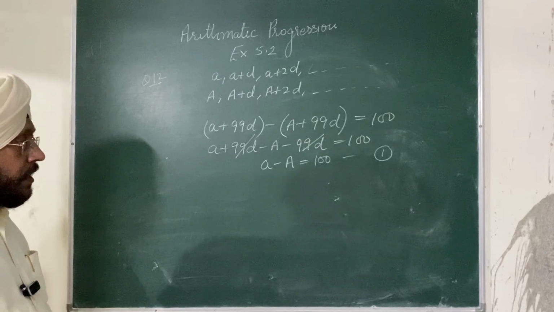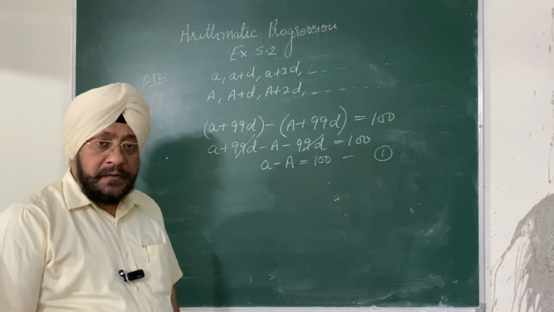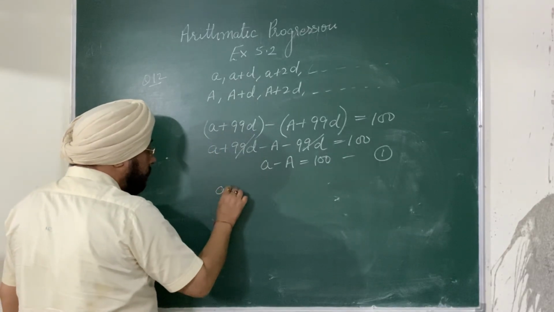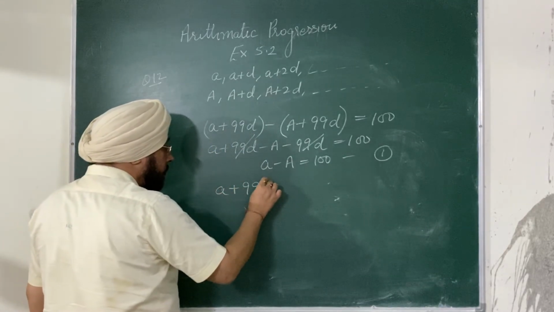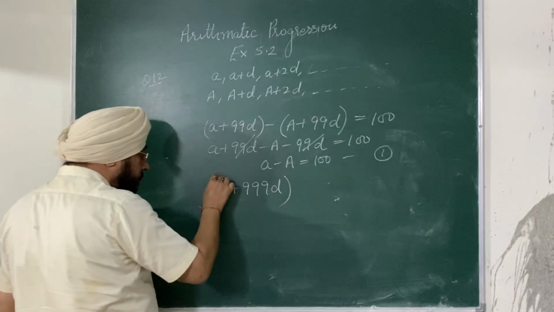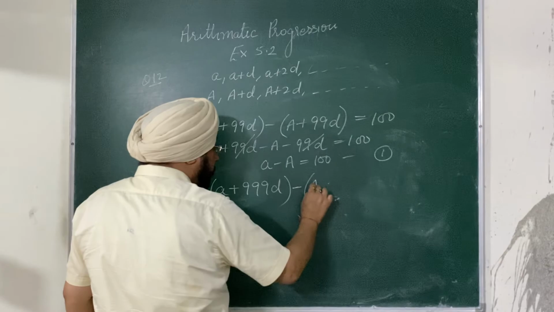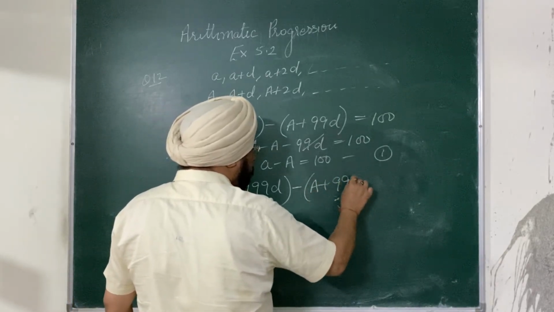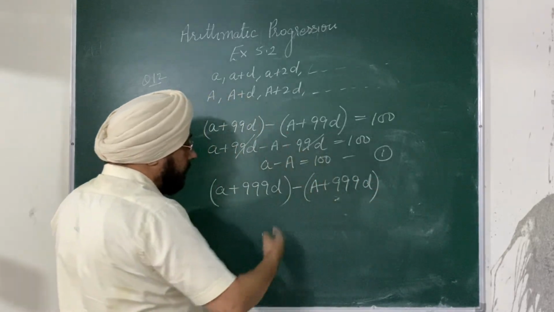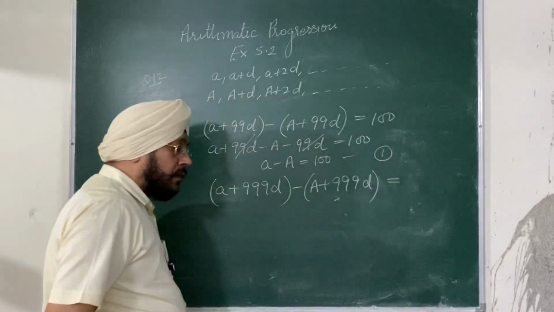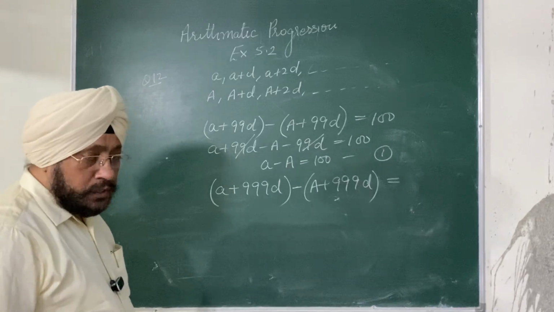Now we have to find the difference between the 1000th terms. The 1000th term of the first AP is a plus 999d, and the 1000th term of the second AP is capital A plus 999d, and we have to find the difference of these two terms.